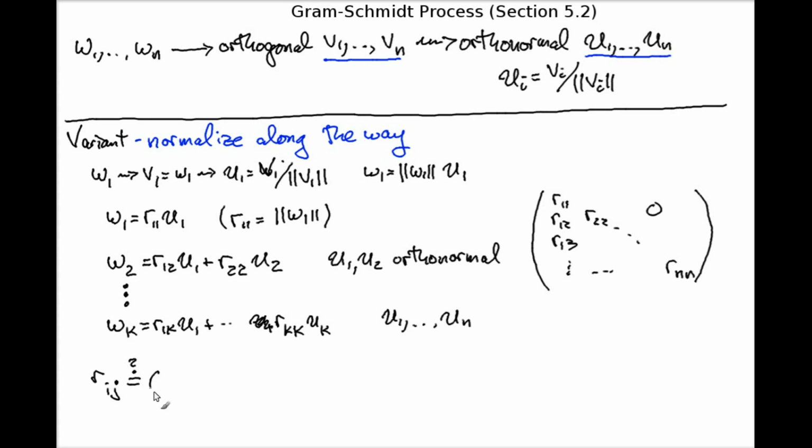I'm not going to work this out in detail. It just takes a couple of steps. But see page 232 in the book. It turns out that rij has a rather nice formula.